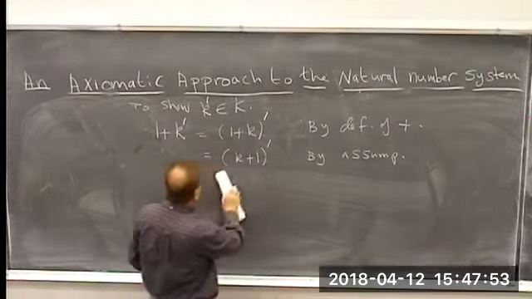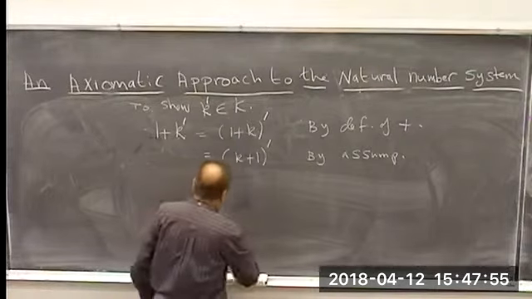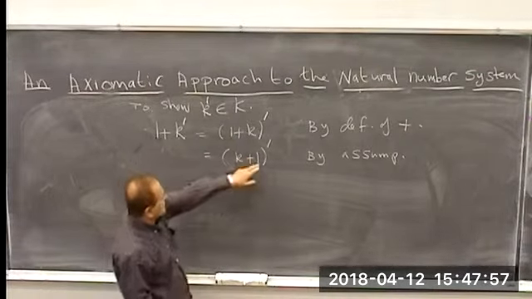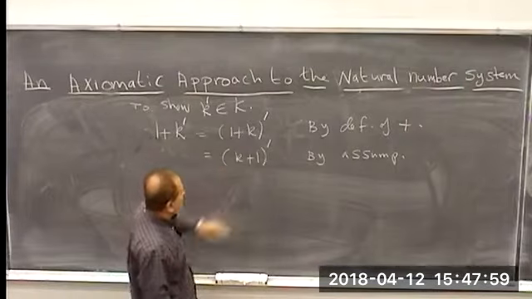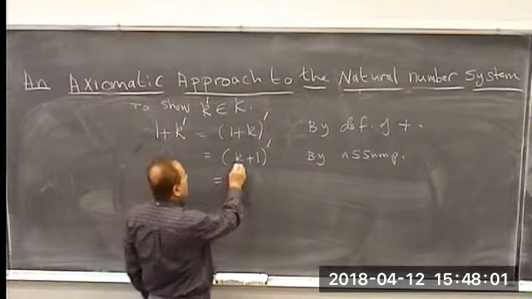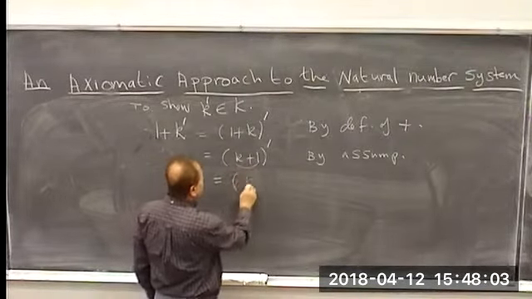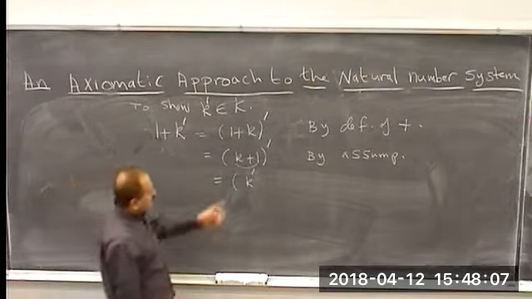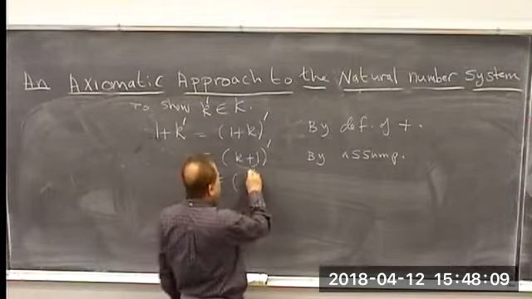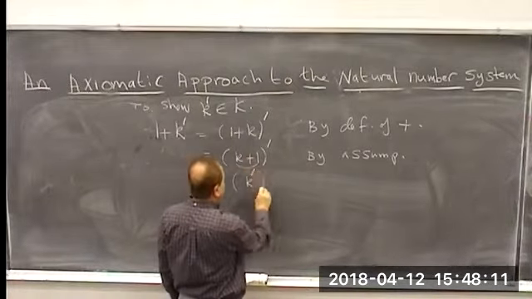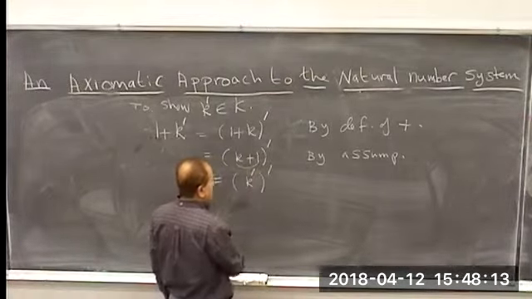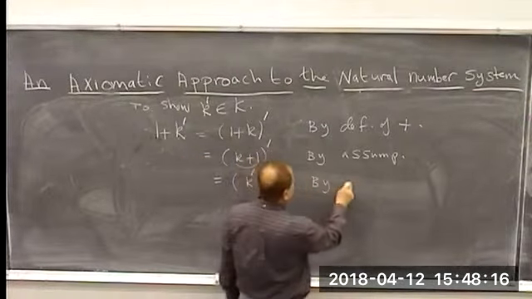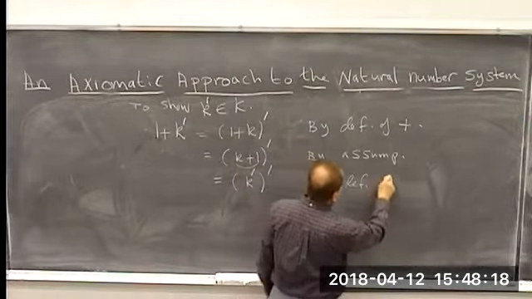Actually, I want to do one more step before I can, because the k is in the wrong place. I have k plus 1. Now, the k plus 1, in fact, is equal, by definition again of addition, to the successor of k. Remember, k plus 1, that's the successor. And this is successor. All right? So this is by definition of addition.